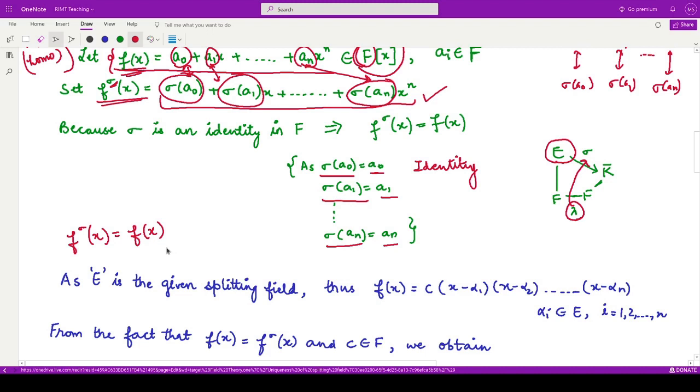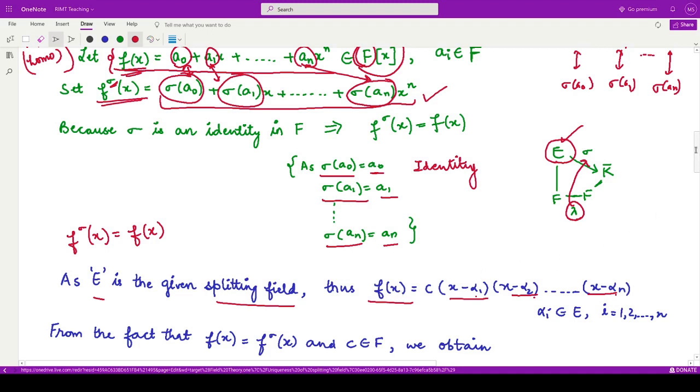Now we have to show that E is the splitting field for this polynomial. This is given to us. E is the splitting field of this polynomial, so this polynomial could be written into linear factors, where alpha 1, alpha 2 up to alpha n are the roots of this polynomial.